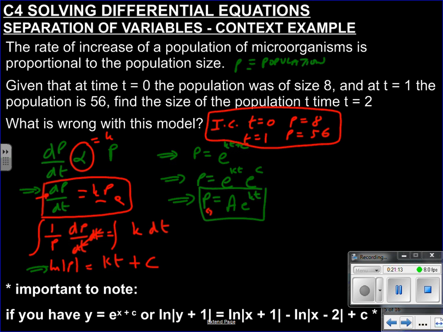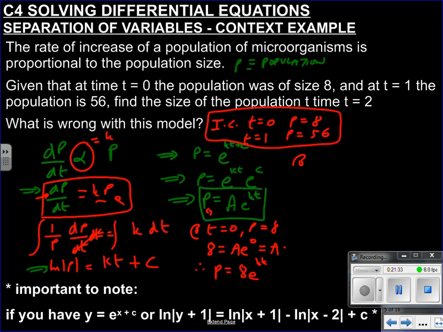So let's use that first one. So at t equals 0, p equals 8. So therefore 8 equals a e to the 0, which must just be a. So now we know that a is 8. But this is still a general solution because we still have an unknown constant in it.